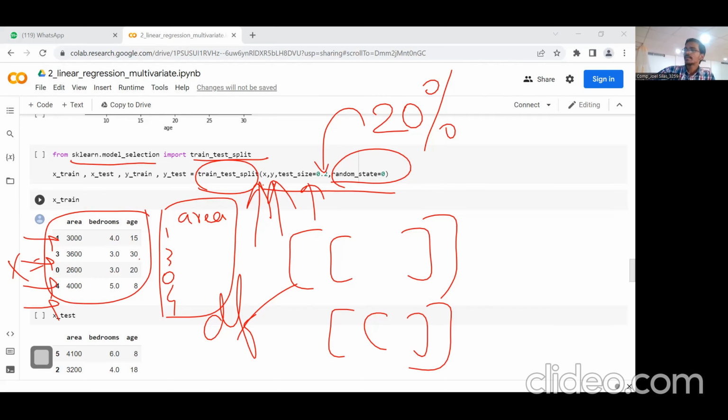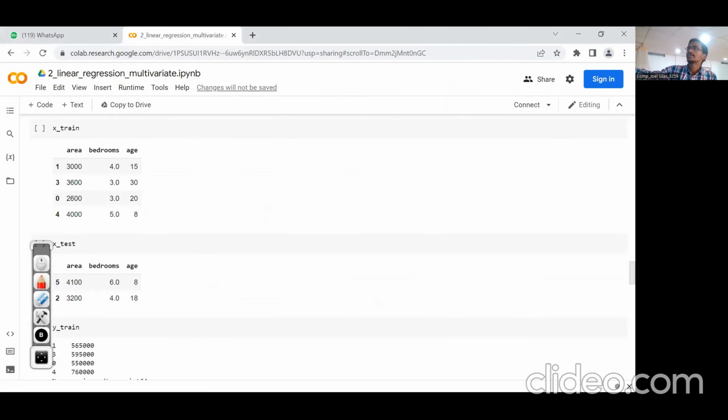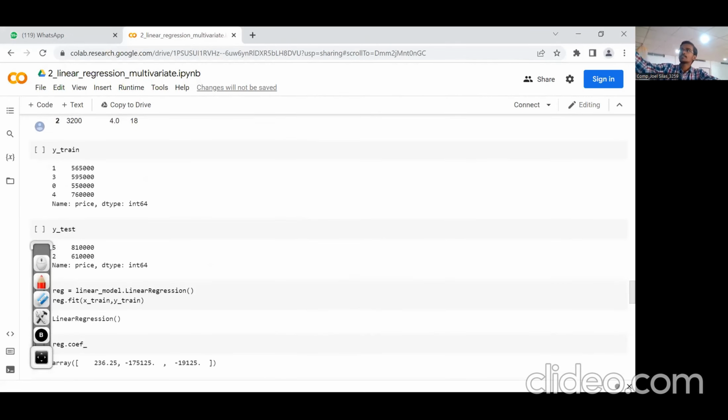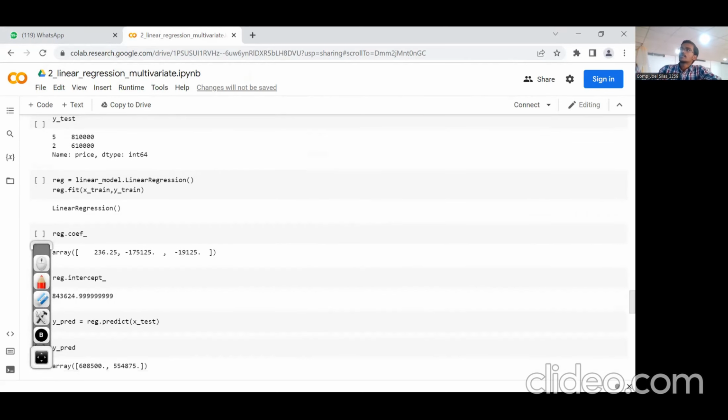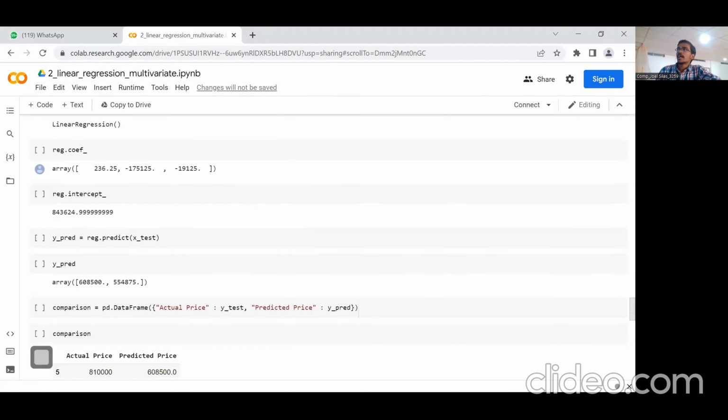So here we have split our data into training, testing. Similarly, the label also for training, testing. Then we'll build the model, we'll fit it. We have the coefficient, we have the intercept, and based on that, we'll predict, and then we'll compare. Same steps as the previous video.